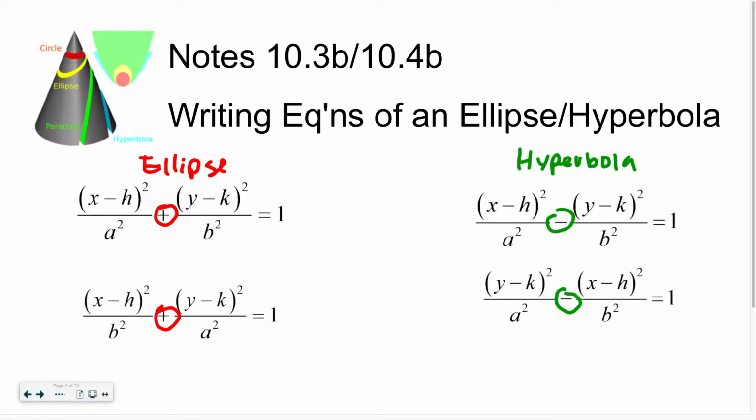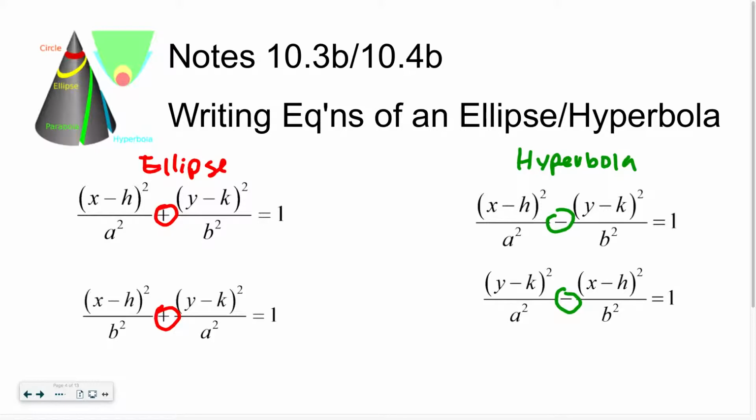The other thing I have over here on the sideboard is the asymptotes for a hyperbola. Note that in the asymptotes you've got, of course, the center point if you leave it in point-slope form. But probably the most important thing for these equation-writing problems is, if I give you asymptotes, pay attention to their slopes.